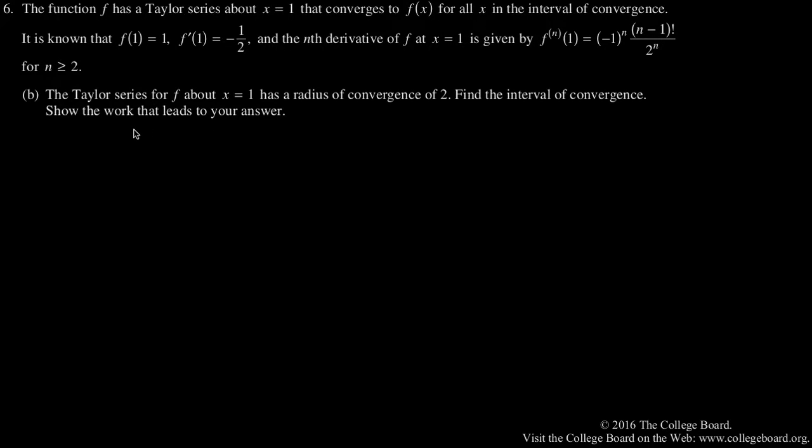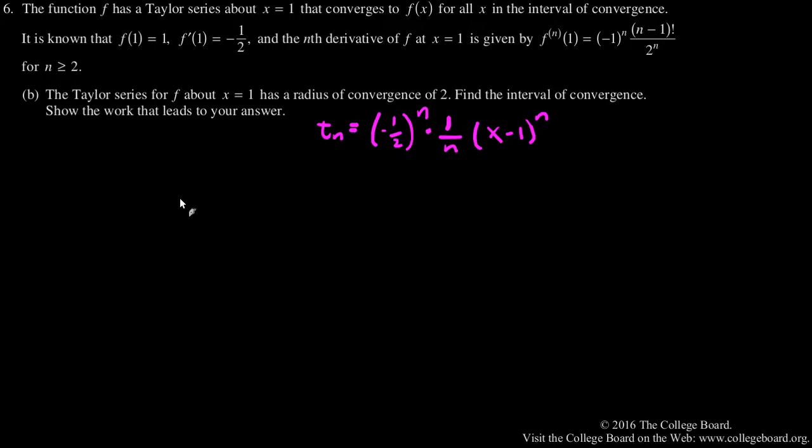I can go ahead and take the general term from part A, and if we recall the general term, I'll write that as the nth term is going to equal negative 1/2 to the n times 1 over n times x minus 1 to the n.